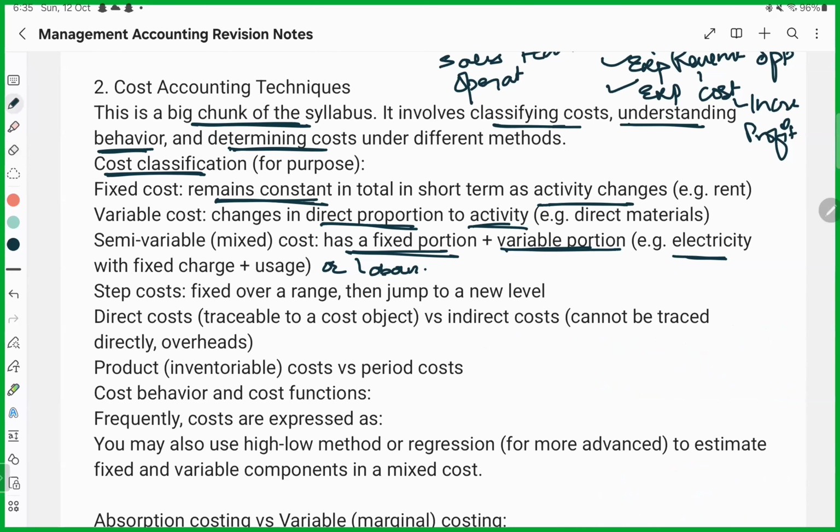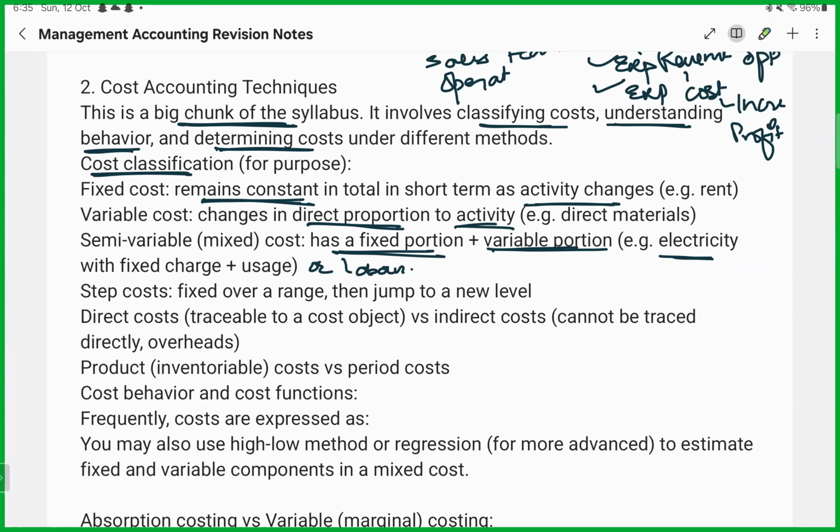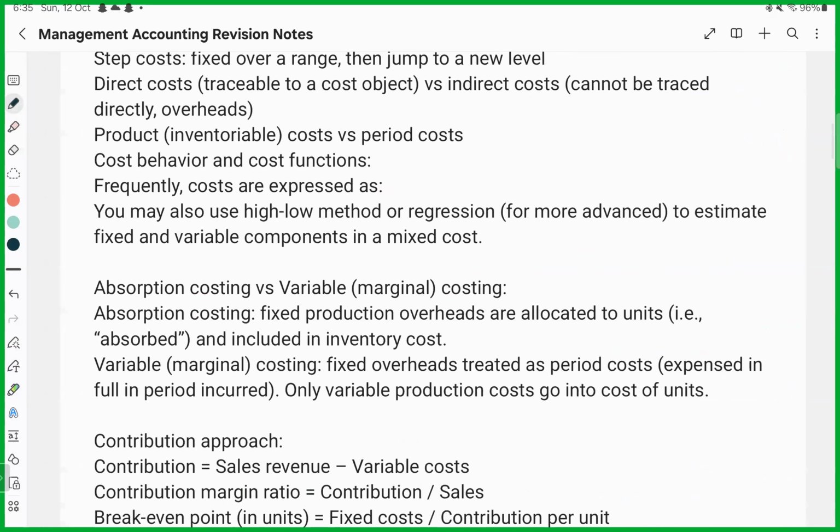Now let's move on. What is the step cost? Step cost is nothing but a cost which is fixed for a range and then jumps to a new level. We can understand it in this manner. Let's take an example of buying.